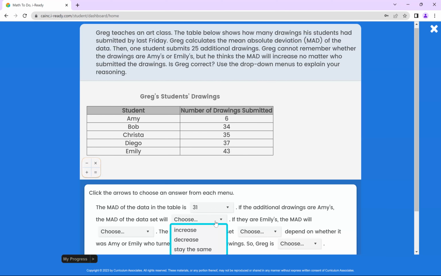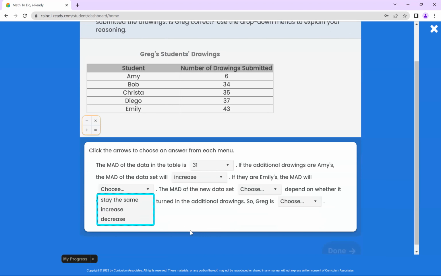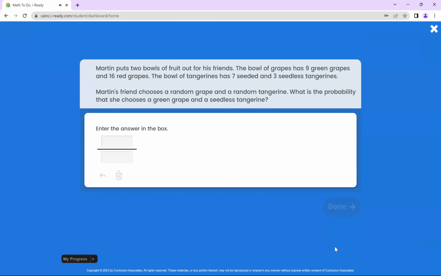Let's do increase. Okay. I'm gonna do increase again for this one. Let's do does. So Greg is incorrect.